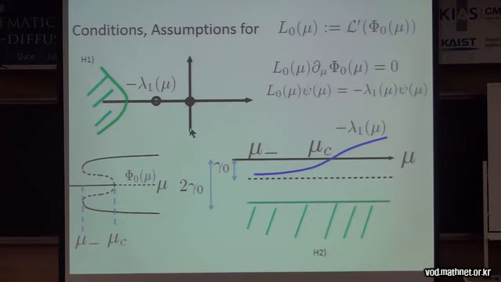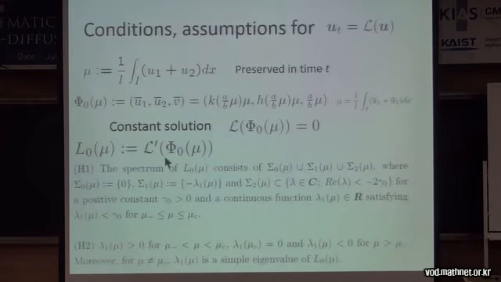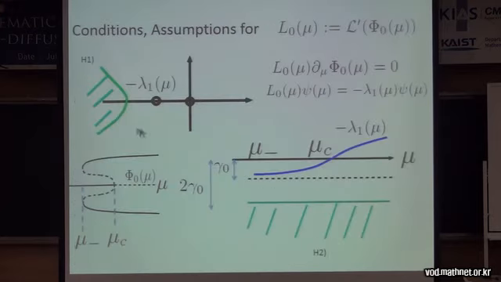Of course, the distribution of the spectrum of the linearized operator with respect to the constant solution is like this. The branches of constant solutions and non-constant solutions are like this.